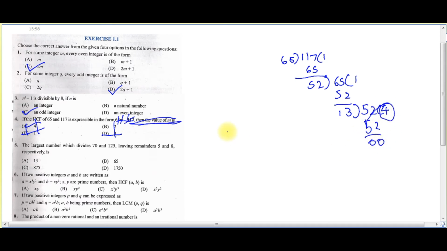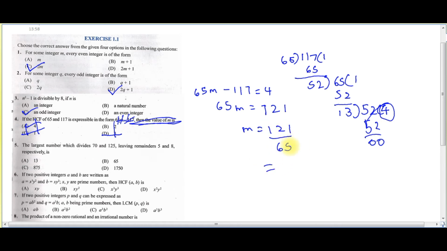The HCF is 4. But if we take the given value, 65m minus 117 is equal to 4, so the value is different actually. 65m is equal to 121, and when we divide, m is equal to 121 by 65.